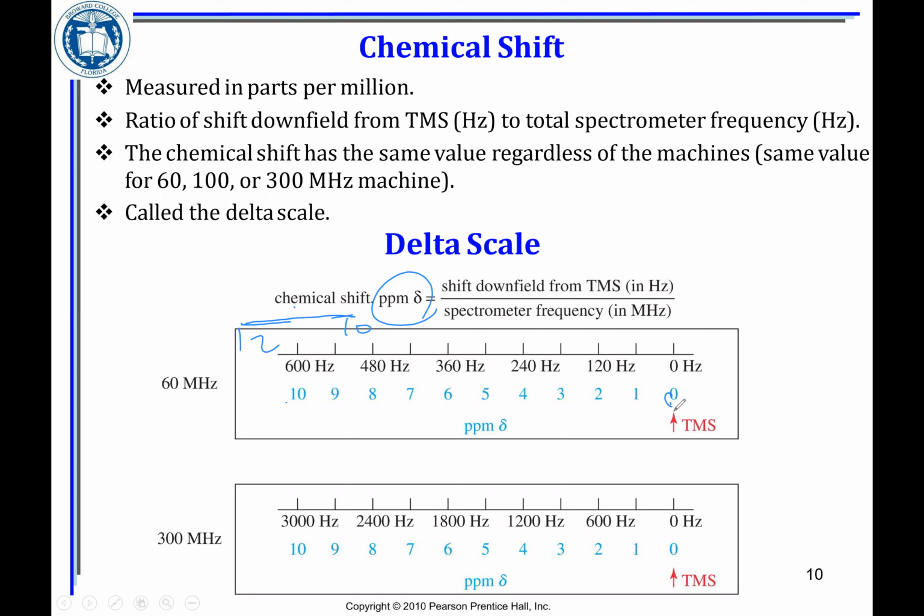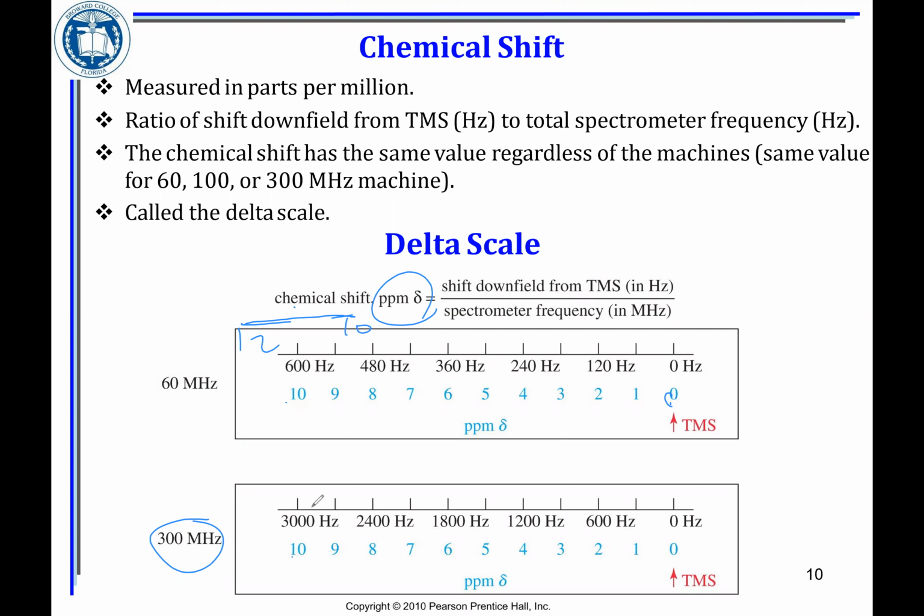But the stronger the magnetic field, the more accurate and more sensitive the machine is going to be. That means the sample size you use is going to be smaller. You can use a smaller sample size for the stronger, high resolution machines. High resolution machines are more expensive, and how do you know?